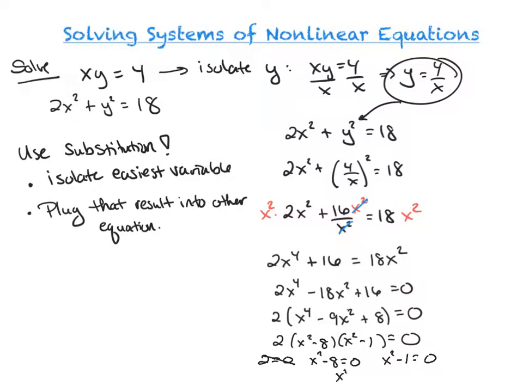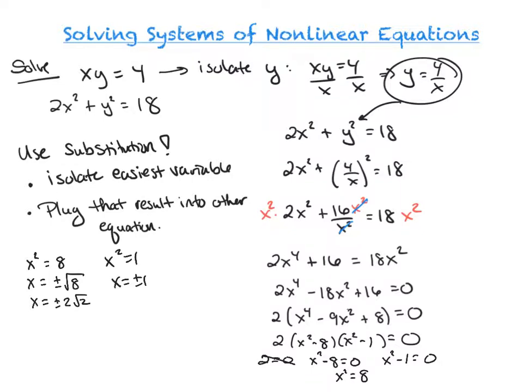So the first equation, x squared equals 8, gives us x equals plus or minus the square root of 8. And if we simplify that, that's plus or minus 2 root 2. The other equation, x squared equals 1, gives us just plus or minus 1.